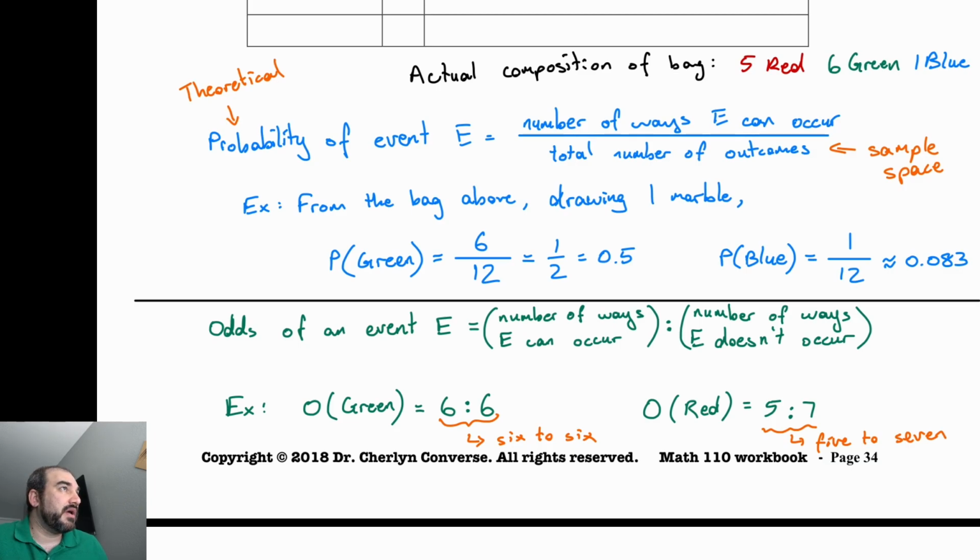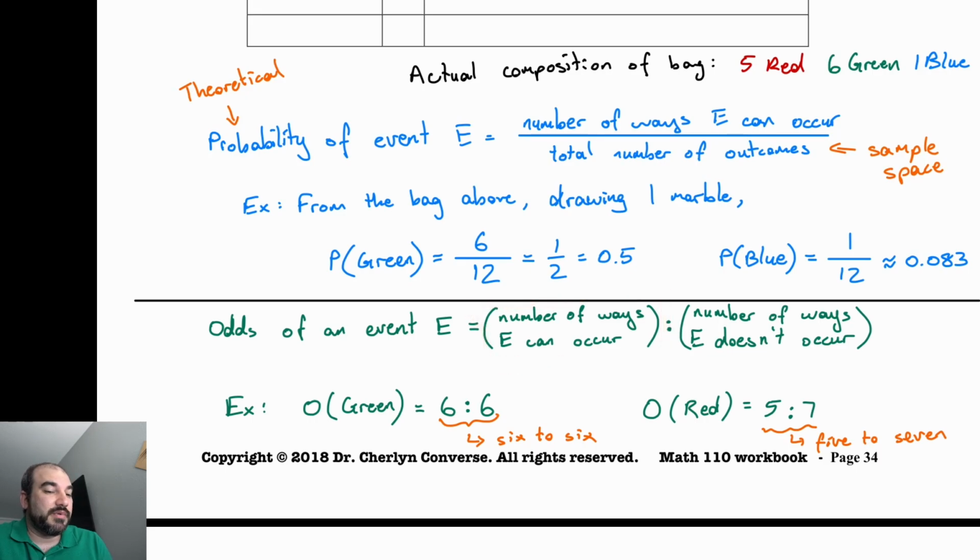We kind of employ those counting problem strategies where we did the permutations and combinations in the last chapter in order to count the number of ways that we can draw two green marbles, for example. So if we're drawing two marbles and we say what are the odds of getting two green marbles, we would have to count the number of ways that that can happen.